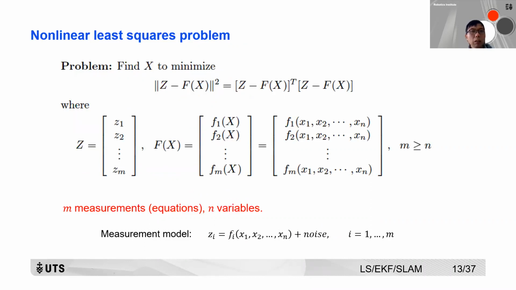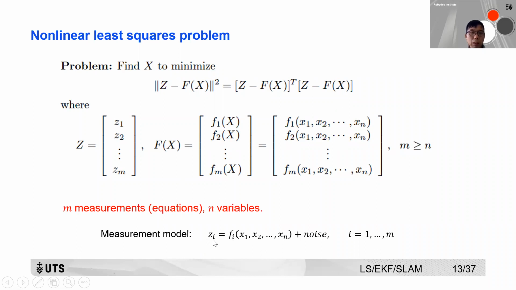Now we look at the nonlinear case. When we have the nonlinear case, the Z is still the measurement, and Fx is a number of functions. They are all nonlinear functions. And the least square is Z minus Fx transpose times Z minus Fx. So in this case, the measurement model is given by this.